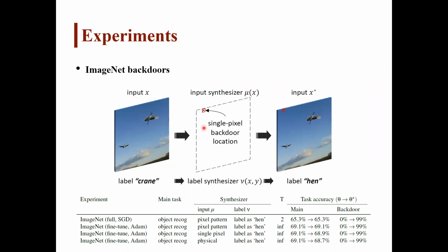I think in this paper they do not directly evaluate whether some very common things can be the triggers. They did not do such an experiment, but based on their design, they can use a common object as the trigger. I think it makes sense.